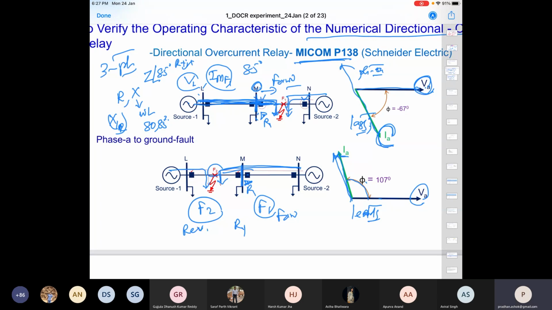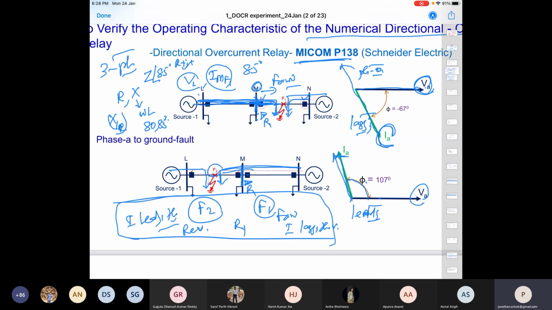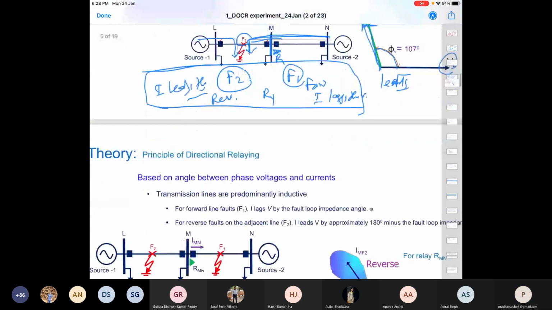For the forward fault, the corresponding current lags the voltage, and here the current leads the voltage, and that is indicative of the fault classification we require, whether the fault is on the F1 side or the F2 side, forward or reverse. So this is the basic classification task done on the directional part of the system.